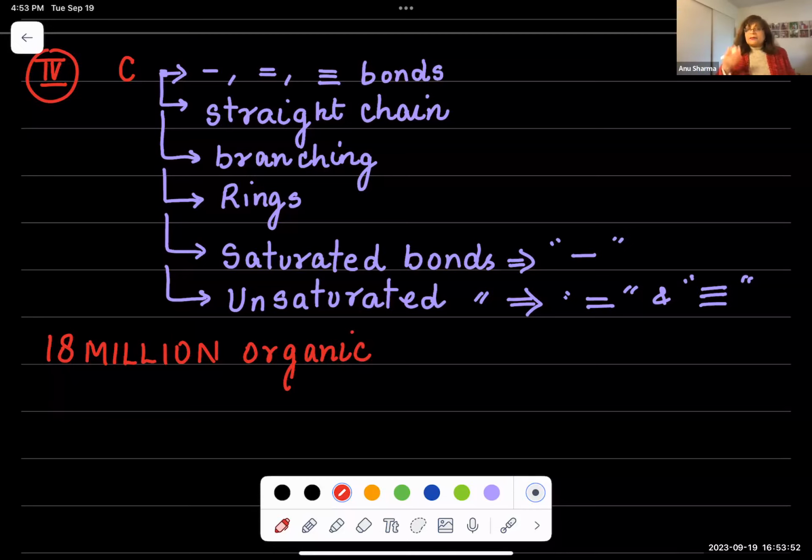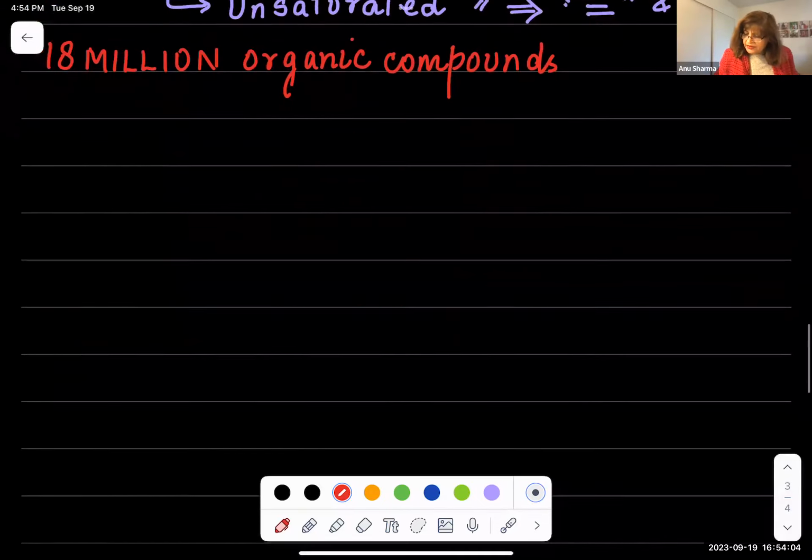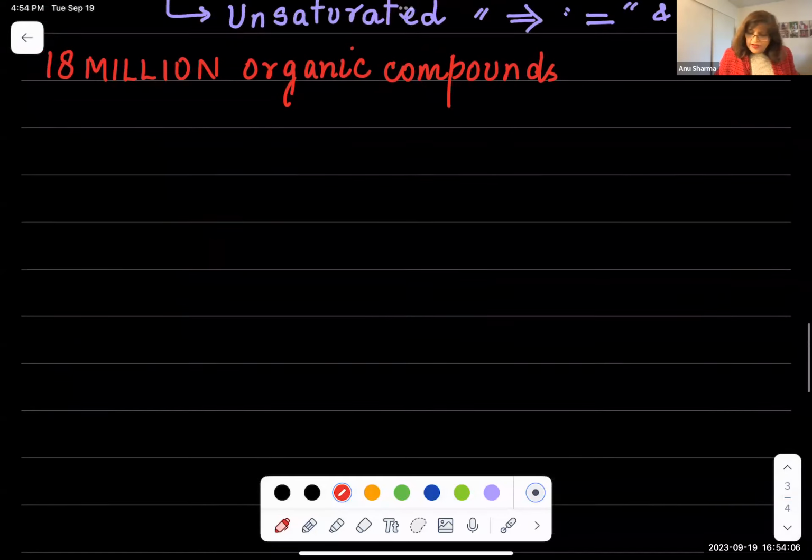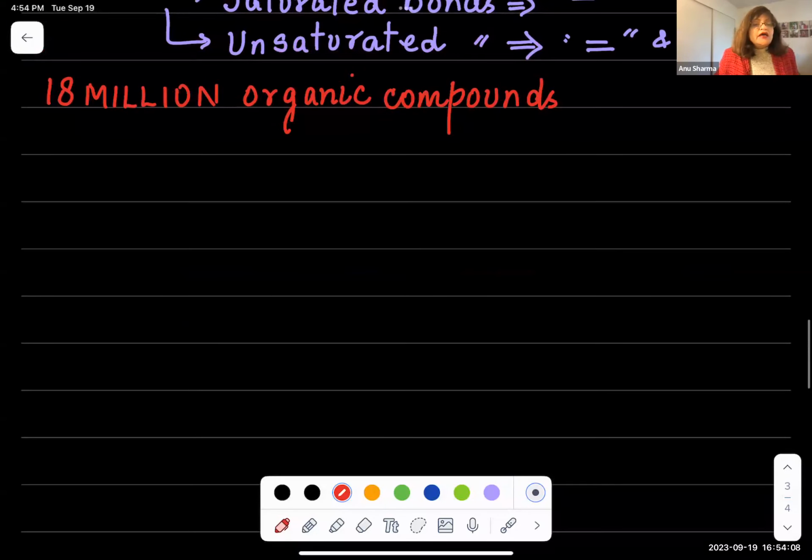Novel compounds are also being synthesized. Their properties have been understood, and we have synthesized many of them, or used them in the labs, or extracted them from nature, from the plant kingdom, natural products, and many things.